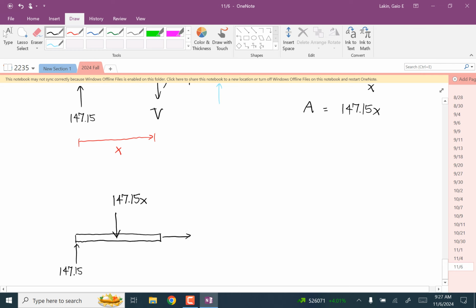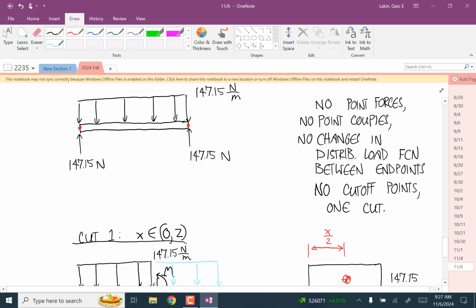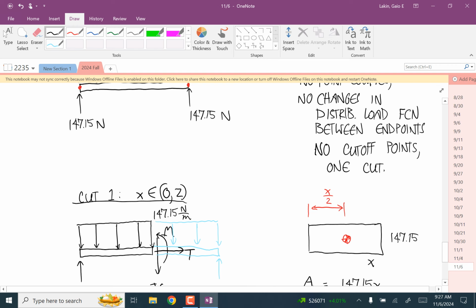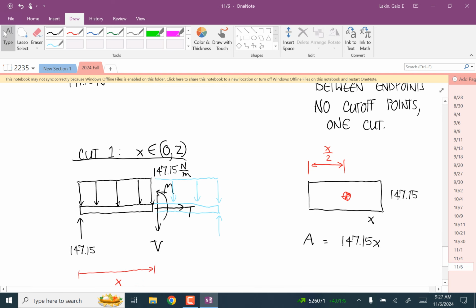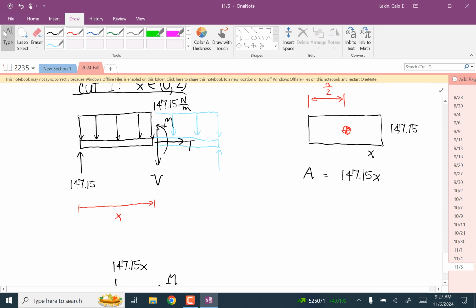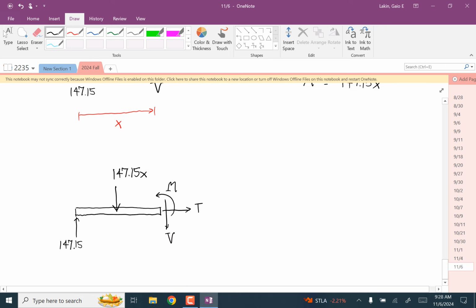And then we have the internal loads, T, V, and M. Okay. Any questions about this whole process? First, we calculated the external loads. We've done that a million times. These are very easy rigid body problems. And then we go to the cut. And the key thing is that you don't replace the distributed load with the point force until you choose the cut. So now we've done it, and now in general, we're going to have our internal loads as functions of x.